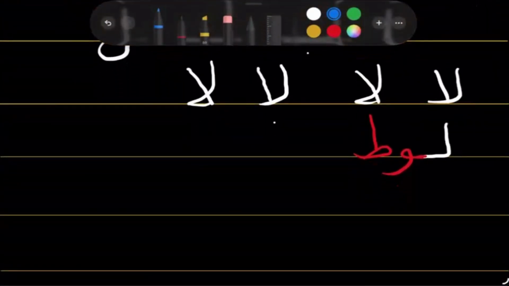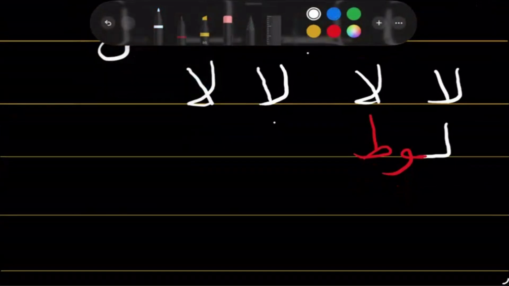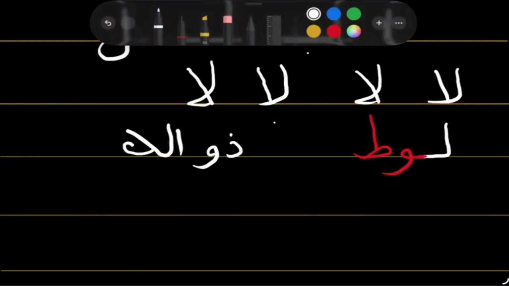And what about lamb at the end? Such as, you know about that prophet whose name is Ishmael.